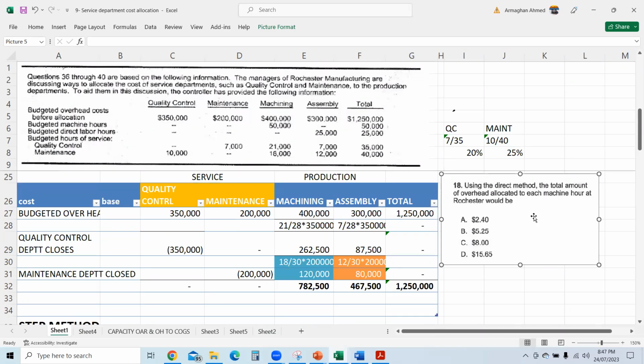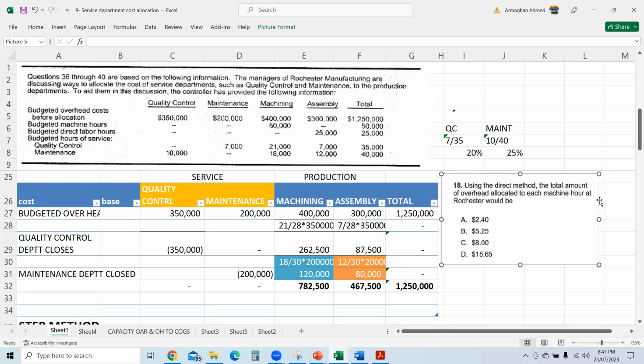What it says: using direct method, the total amount of overhead allocated to each machine hour at Rochester would be... total amount of overhead allocated. So how much overhead is allocated to it?